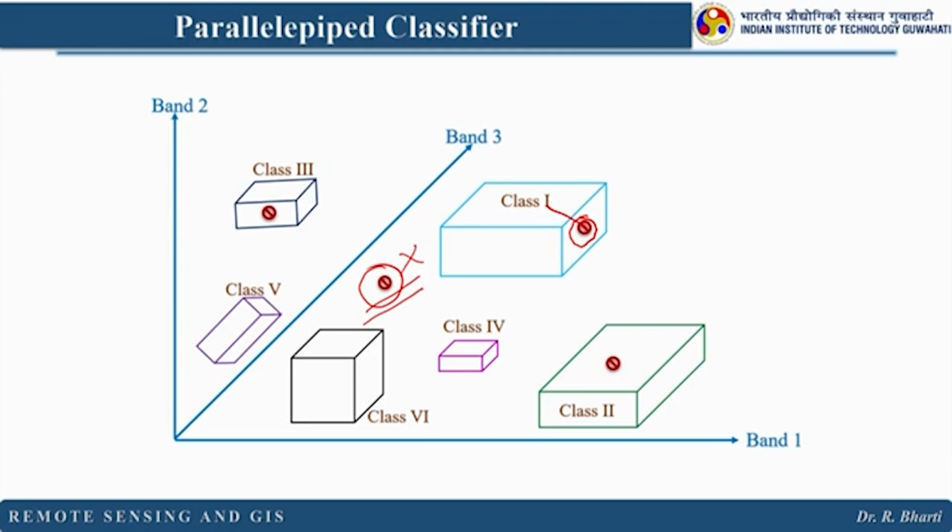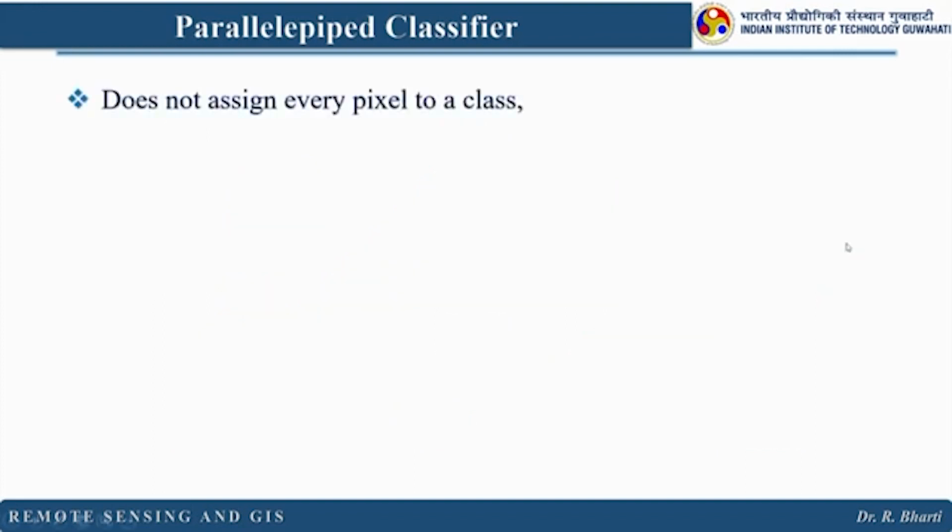So at the end you will have only 6 classes from the classification, but you will have one more class, that will be the unclassified class, right? You can see that parallelepiped basically does not assign each pixel to a class, that you have understood.